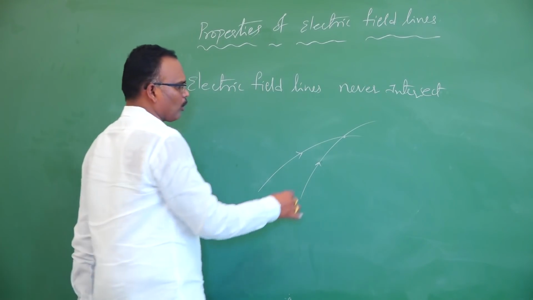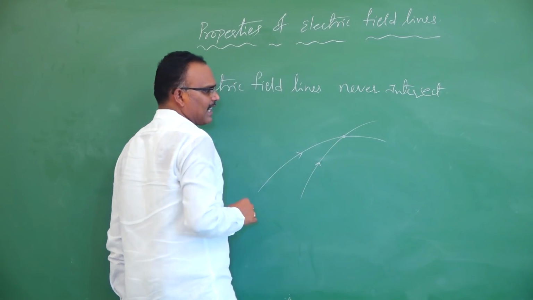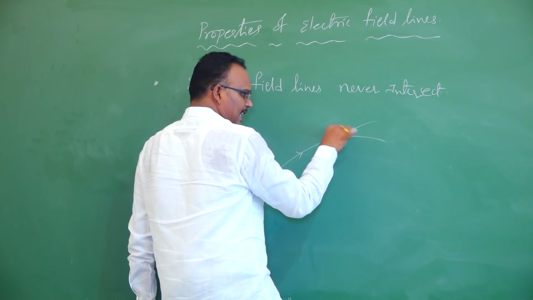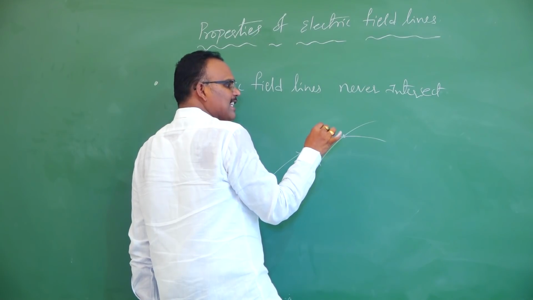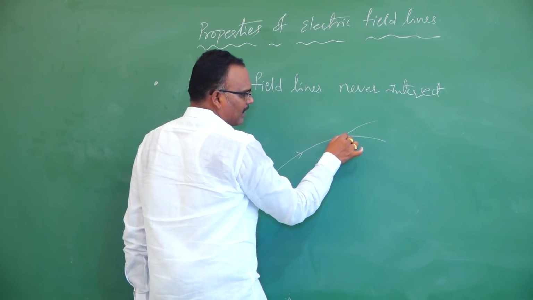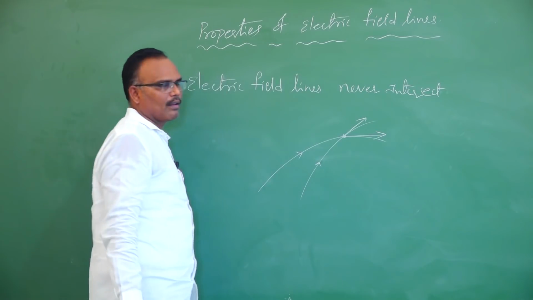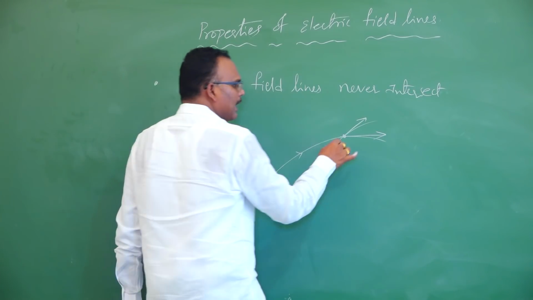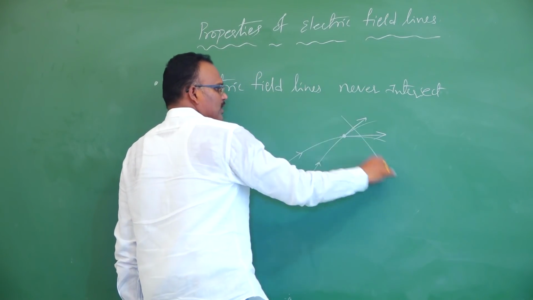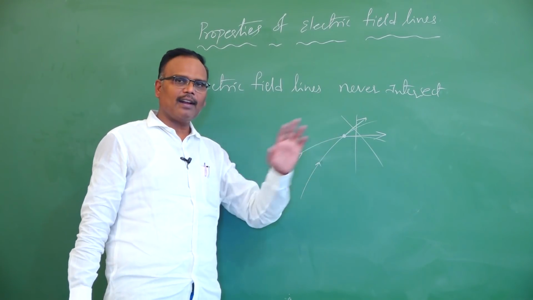If two electric field lines intersect at this point, then, as we have just studied, to know the direction of electric field at any point you draw a tangent to the electric field line existing at that point. Here I have two electric field lines, so I will get two tangents at one place. You will have at the point of intersection two directions of electric field, which is impossible. That's why electric field lines never intersect.